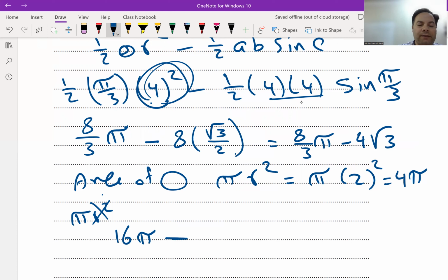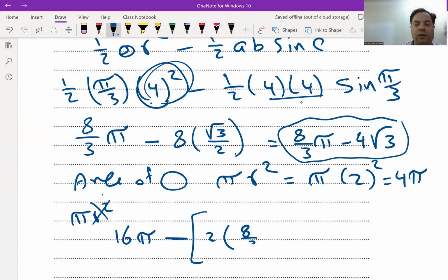Minus, remove what? Remove segment. This is the segment, times 2 will be 2 multiplied by 8 over 3 pi minus 4 root 3. This is the area. What else we have to remove? The area of circle, which is 4 pi.